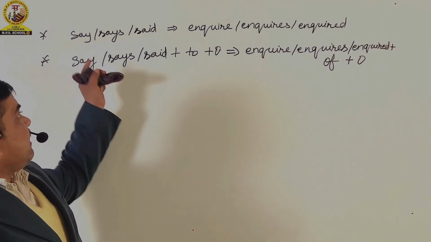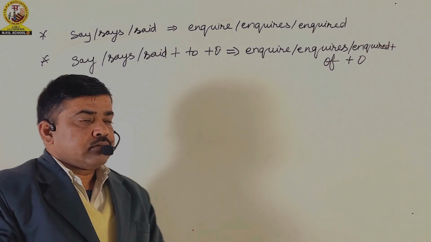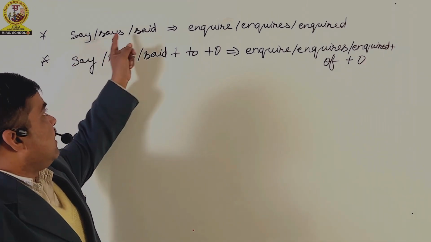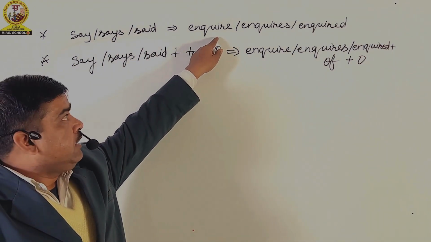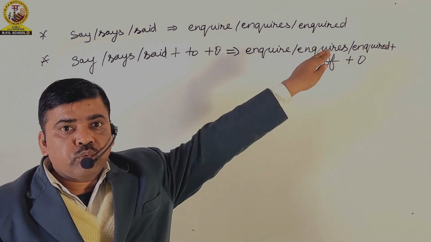And today in this session, I am going to teach you something more about questions related to interrogative sentences in direct and indirect speech. Friends, I have written here say, said may be changed into inquire, inquires, inquired.